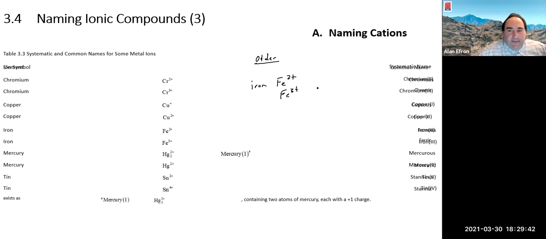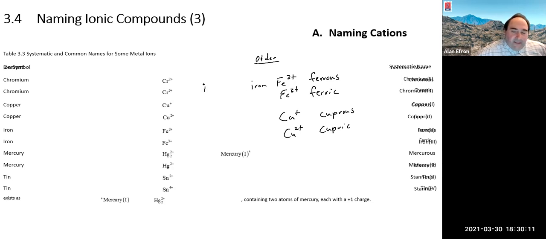Sometimes it may be called the ferric or the ferrous ion. Again, it's an older way of naming it, like cupric and cuprous for copper 2 and copper 1. And this older way of naming, we really won't use.